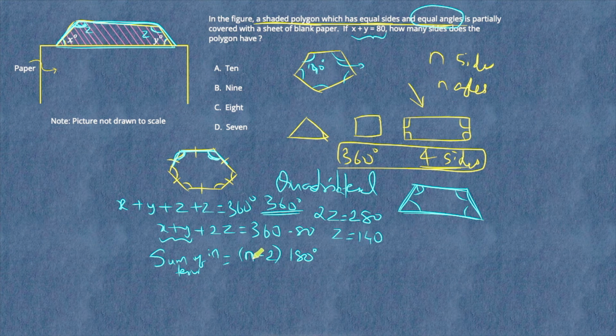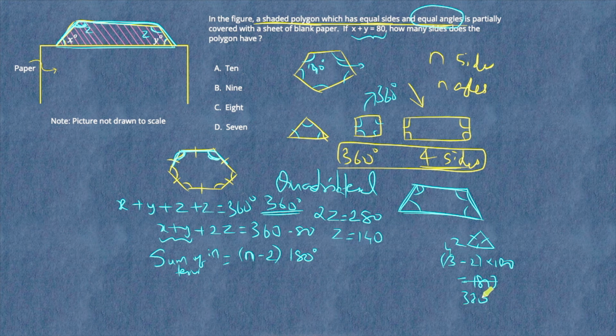For a triangle, n is 3, so the sum is 3 minus 2 times 180, which equals 180. That is how you get that the sum of the interior angles of a triangle is 180. For 4 sides, substitute n equals 4: 4 minus 2 is 2, and 2 times 180 is 360.